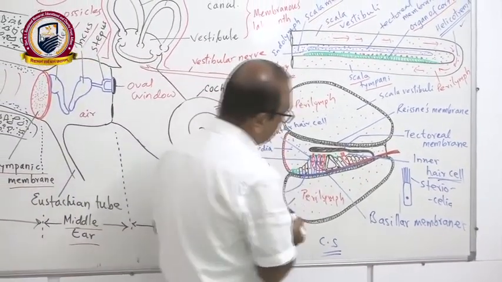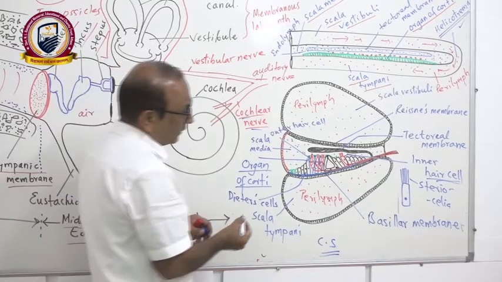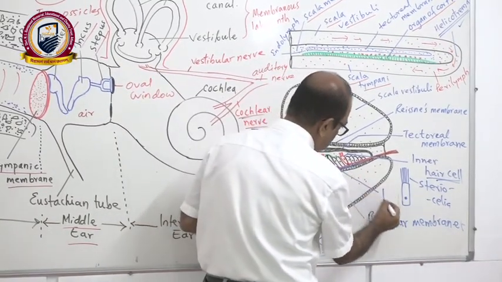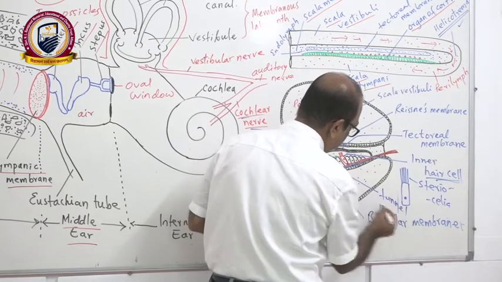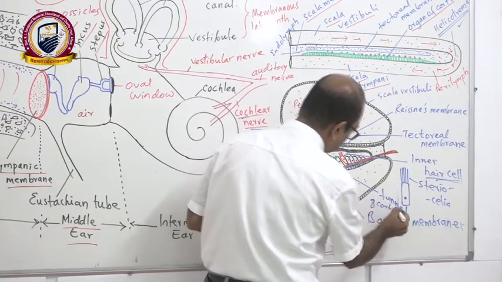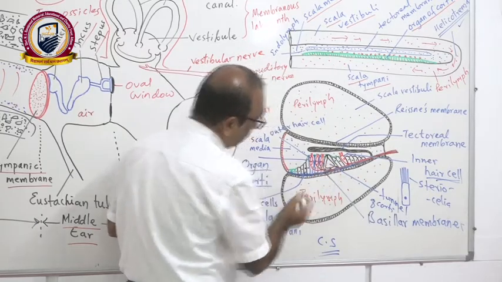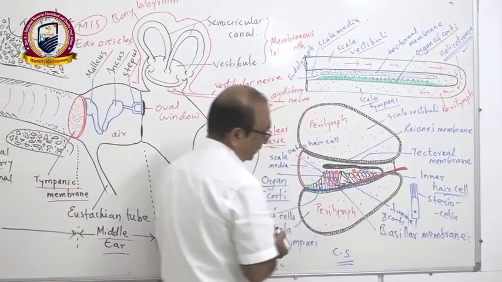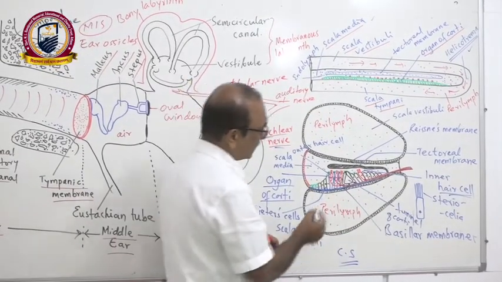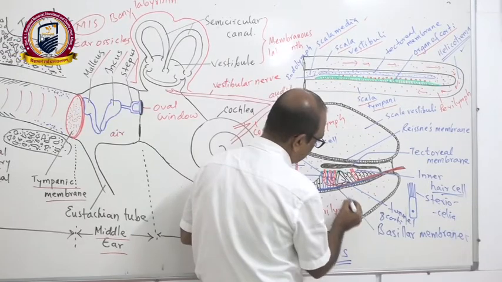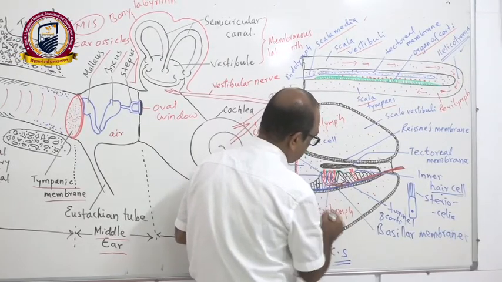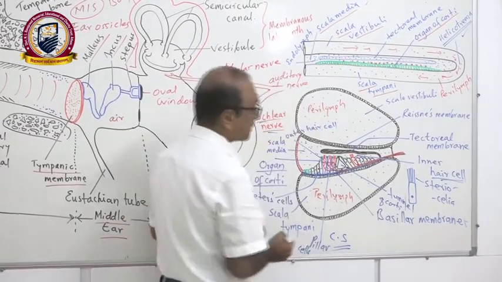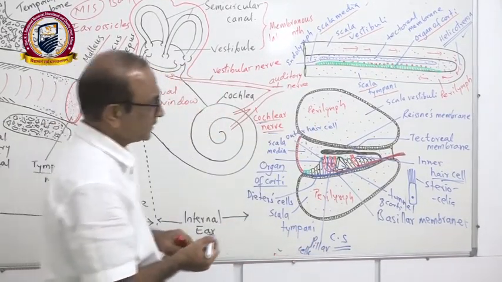Now what else do you see in the organ of Corti? You see here there is a tunnel, there is a gap that is called the tunnel of Corti, and it is formed by two very tall cells which join at the upper end, and these cells are called pillar cells.